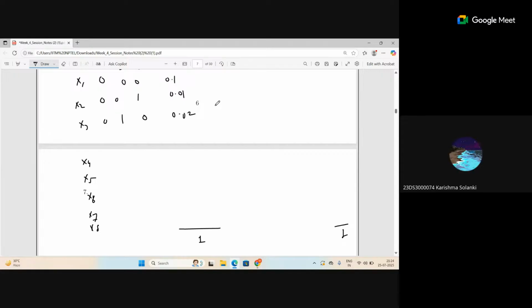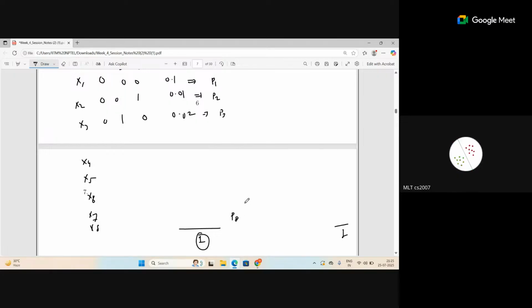Why are you considering 7? Because the total probability is how much? 1. So let us say this is P1, one parameter, this is P2, this is P3, and like that, how many parameters do I need to define here?